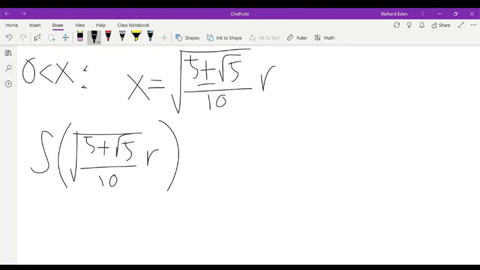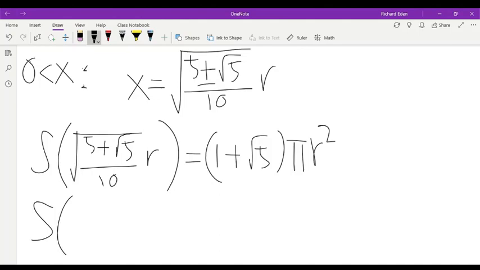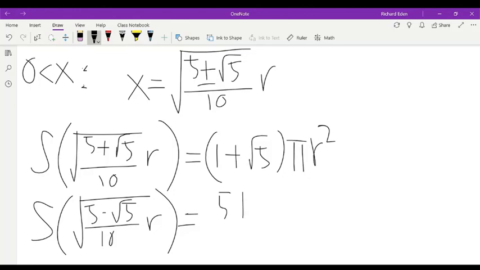This should give you exactly 1 plus the square root of 5 times pi r squared. And then s at the square root of 5 minus the square root of 5 over 10 times r. That's going to be exactly, if I did this correctly, 5 plus 3 the square root of 5 over 5, and then pi r squared.